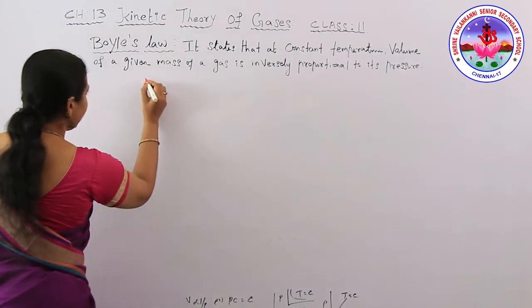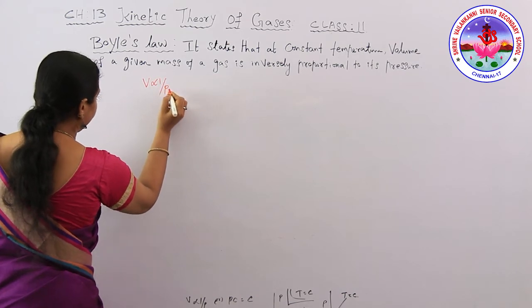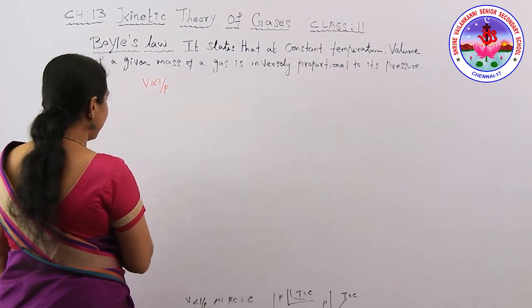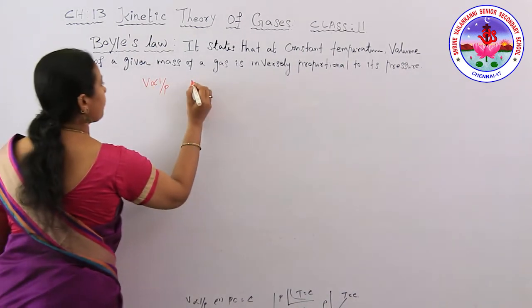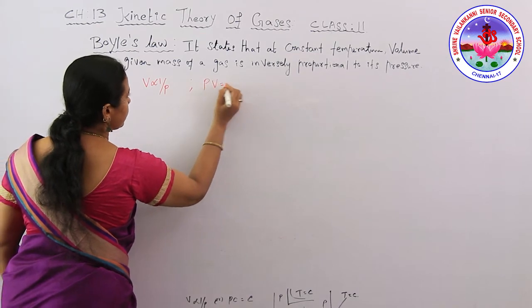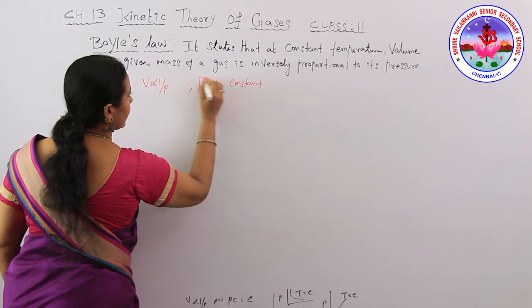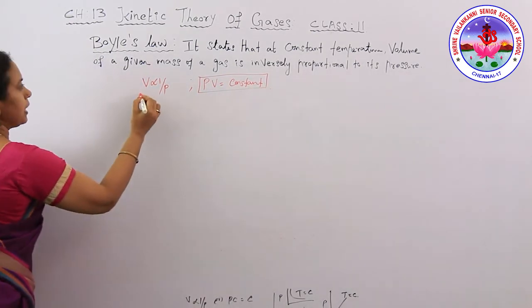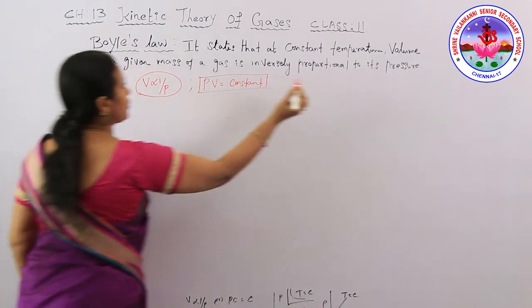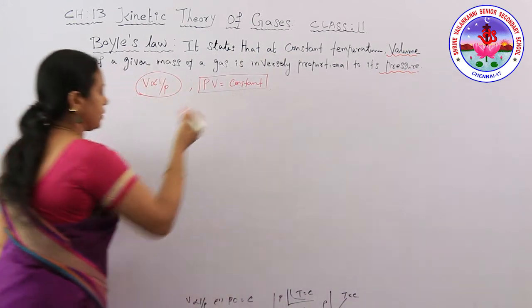Mathematically, V is proportional to 1 by P, so that PV is equal to constant. So volume is inversely proportional to pressure.